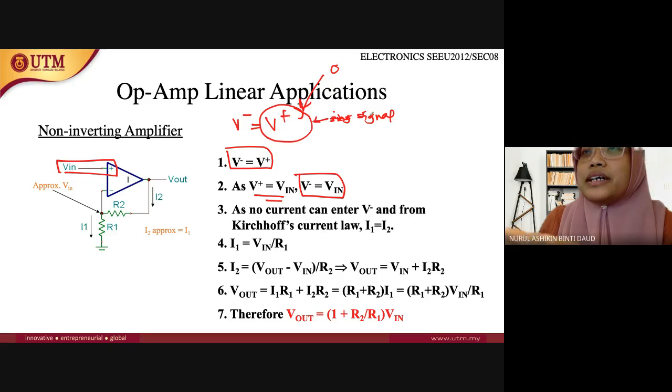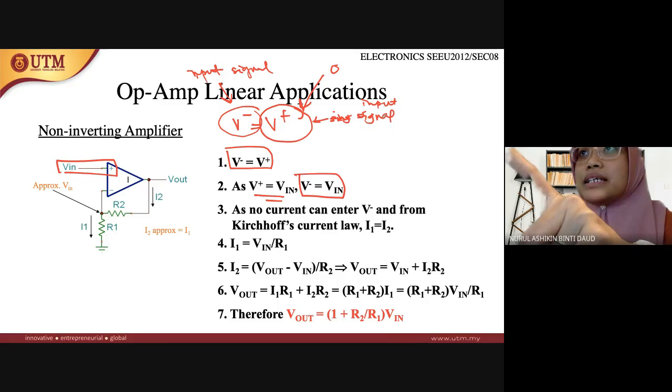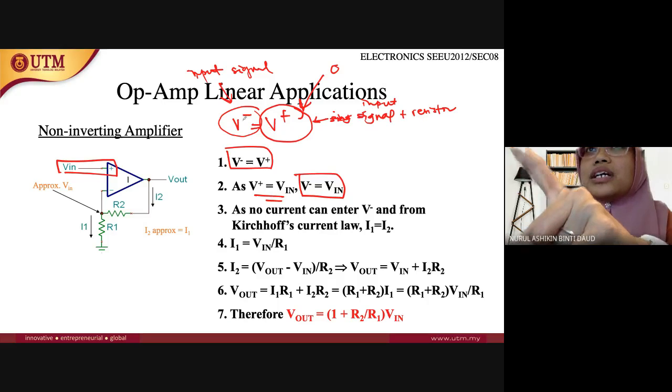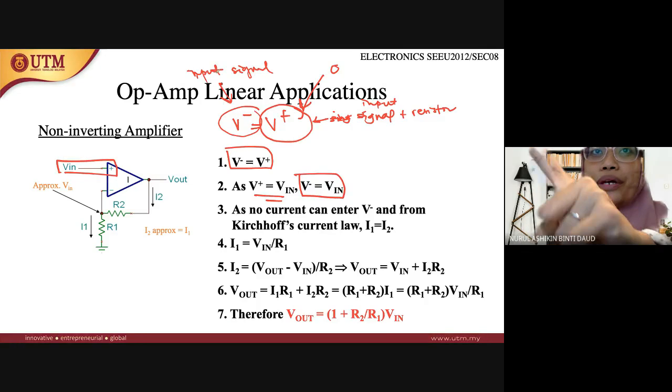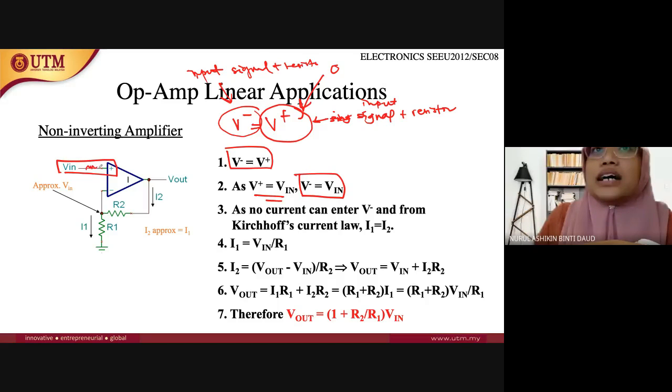If V plus is the input signal plus a resistor value, then V minus will also be the input signal plus the resistor at this part.